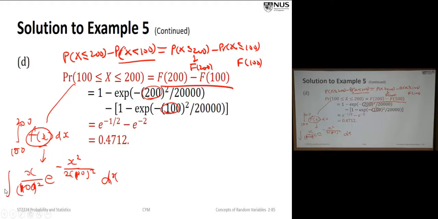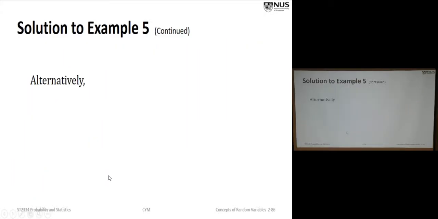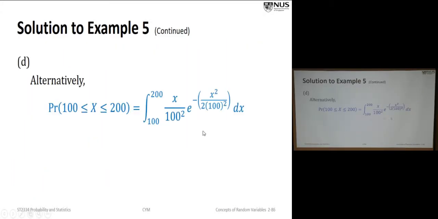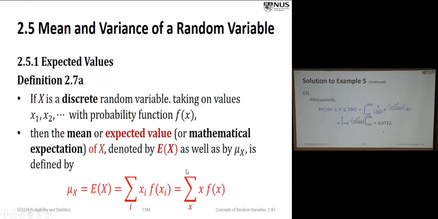Why bother to do it again? You have already done it in part A and part C. So you just apply the formula that we obtained for the CDF. This is the alternative way; you still get the same answer. The worst scenario is that you may get the wrong answer because you make a careless mistake. So do the easy way, all right?